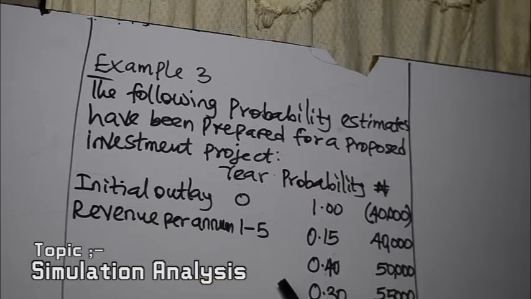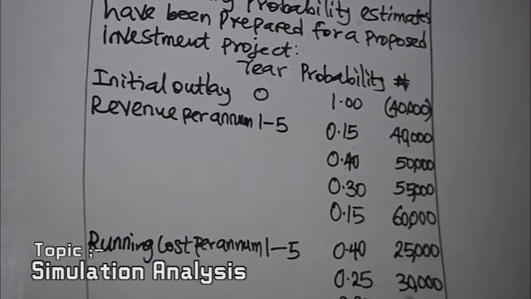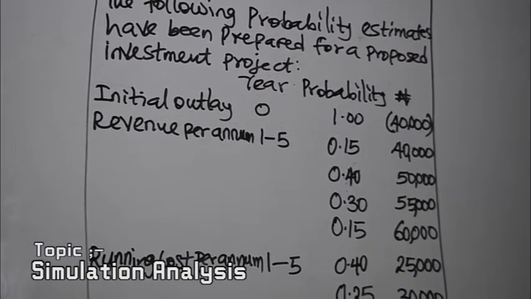Revenue per annum from year 1 to 5: at the probability of 0.15, we have 40,000 as revenue. Probability of 0.40, revenue of 50,000. At the probability of 0.30, revenue is 55,000 naira. And at the probability of 0.15, revenue is 60,000 naira.